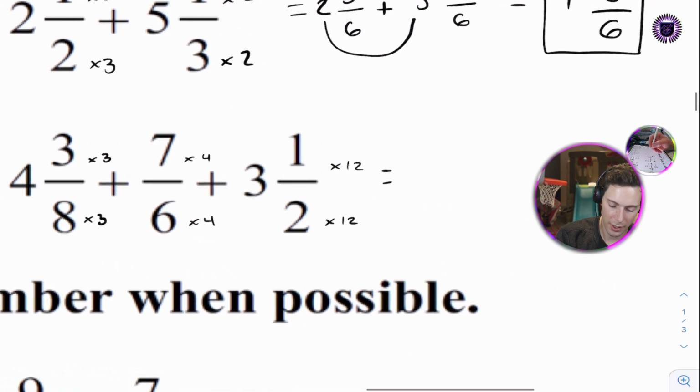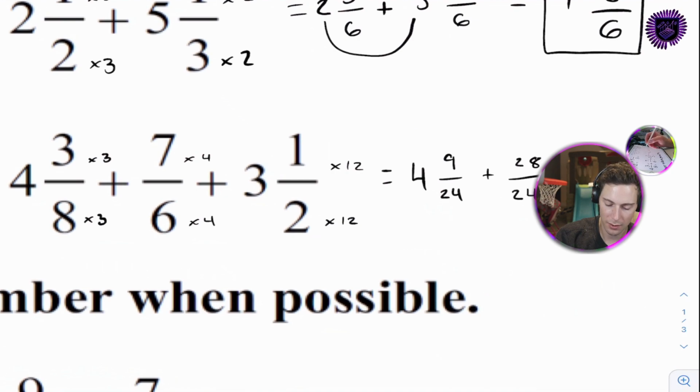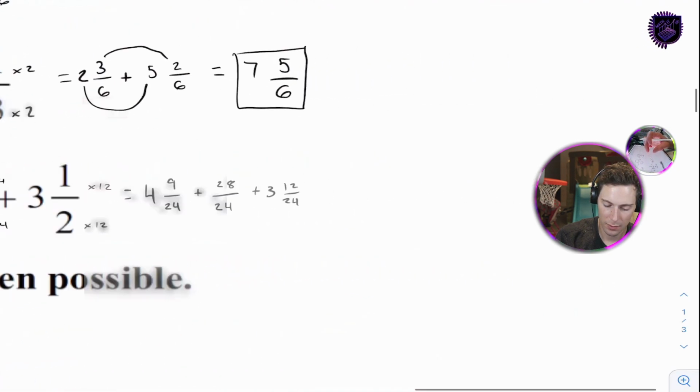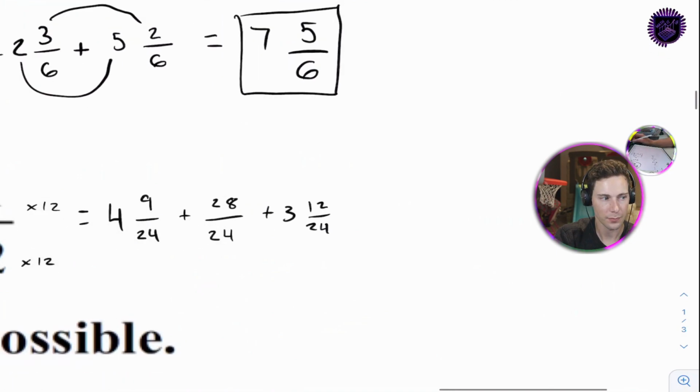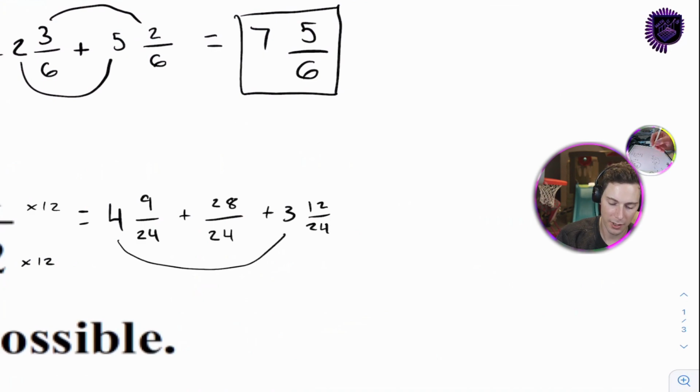Let's rewrite our fraction statement here. So 4 and 9/24 plus 28/24 plus 3 and 12/24. Okay. 4 and 3, these two right here, let's add those together to get 7.